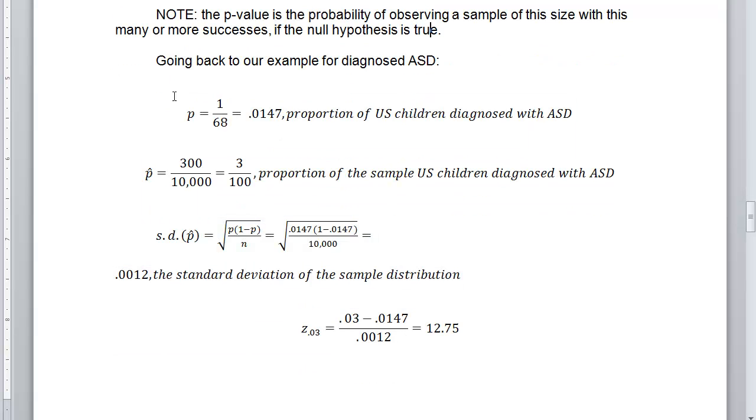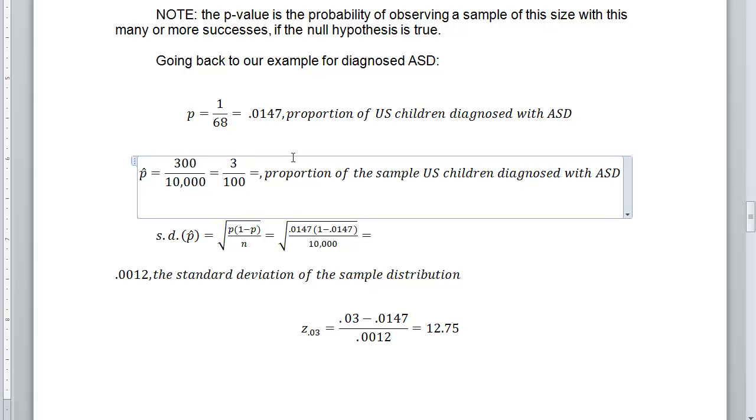So now going back to our example for diagnosed ASD, I just want to remind you that the p is 1 in 68, which is 0.0147, and that's the proportion of U.S. children diagnosed with ASD. And then we've got p hat, that's our 300 yeses out of 10,000 students asked, which simplifies to 3 in 100, which is equal to 0.03.